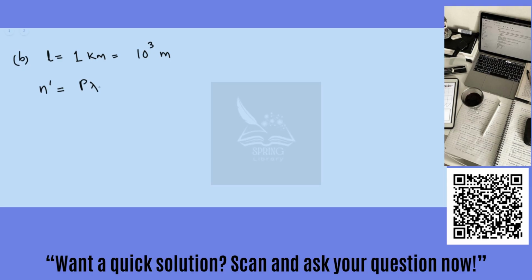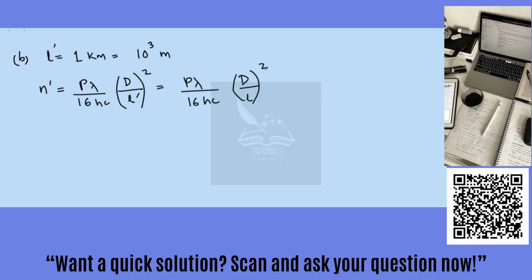So it will be P lambda over 16 hc d over L square. And let's call this L to be L dash. Now we can write this equation as hc d over L square times L square over L dash square.